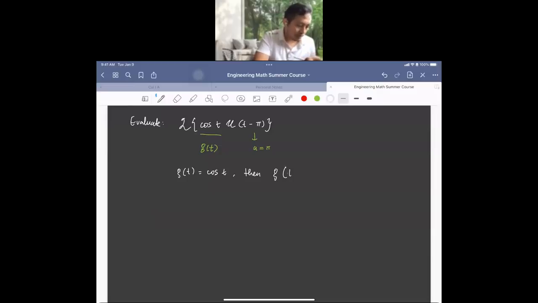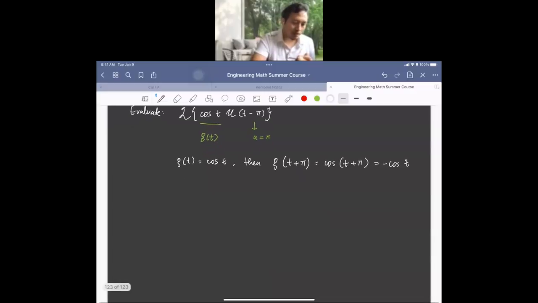because we need to have g of t plus pi, right? We are going to have cosine t plus pi, right? Cosine t plus pi, according to our trigonometry, will be negative. I hope you still remember the very basic trigonometry like this.